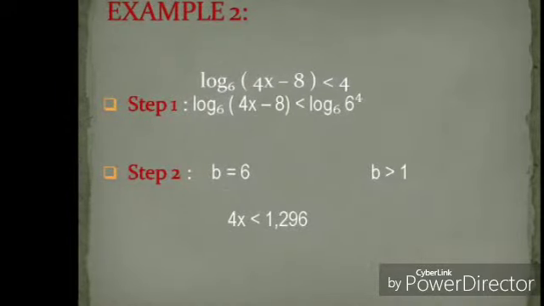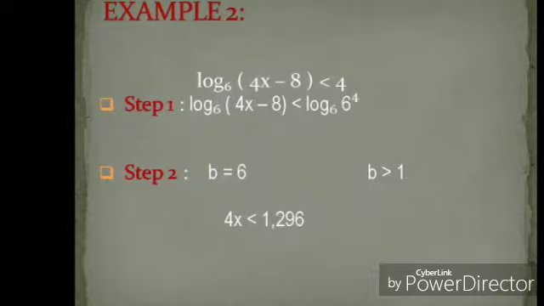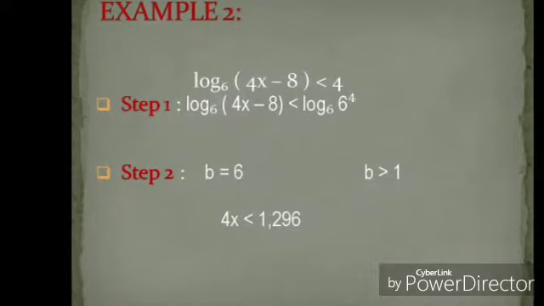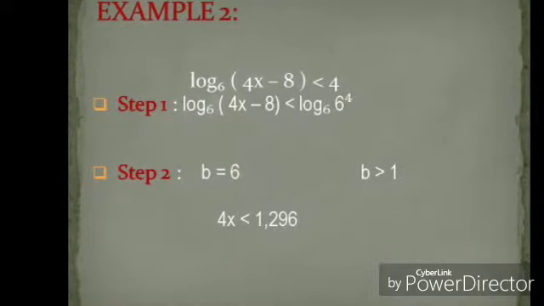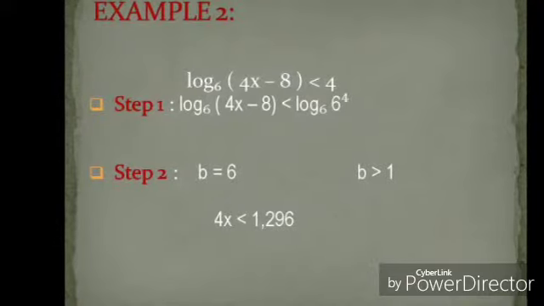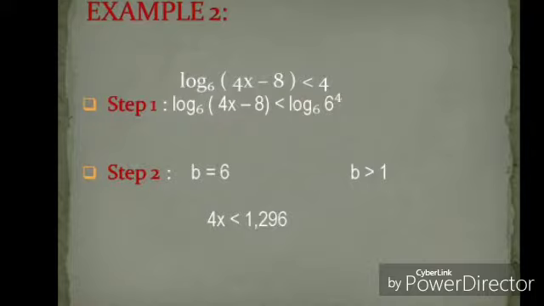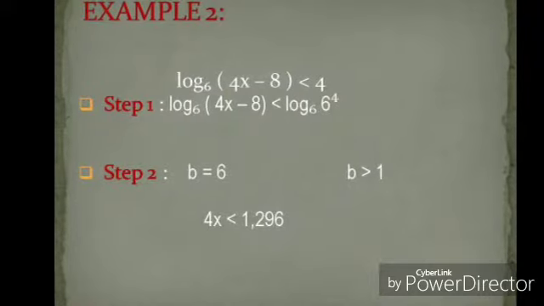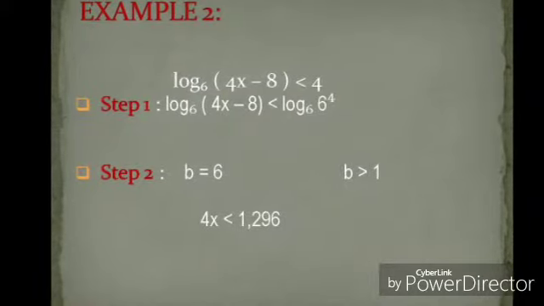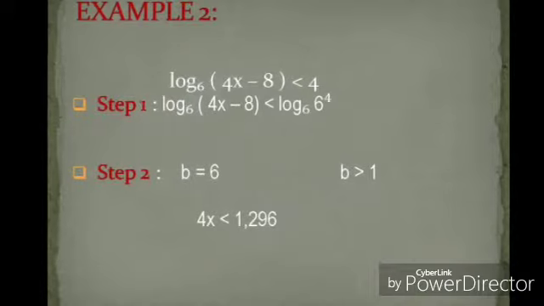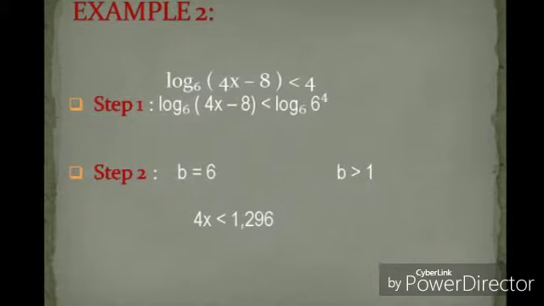Example number 2. Log of 4x minus 8 base 6 is less than 4. Step 1. Rewrite the logarithms with the same base. So it will be log of 4x minus 8 base 6 is less than log of 6 to the power of 4 base 6. Step 2.